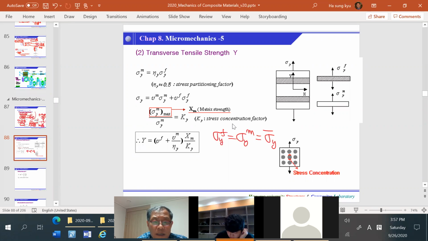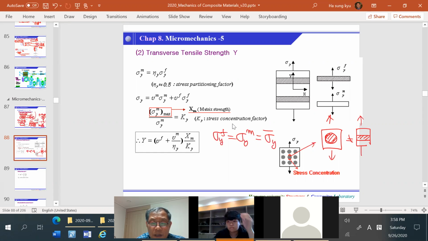But alternatively, this is not so accurate, because in a composite, the fiber is not completely alternating. Instead, if we look at the fiber volume fractions like that, that is not the same as this kind of configuration. So when it is subject to a transverse loading, this one is not completely the same.